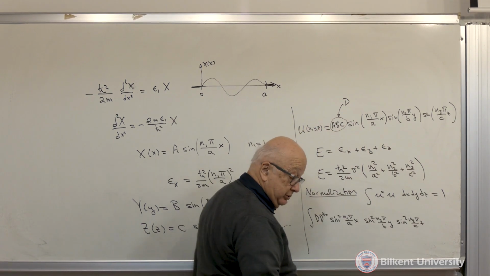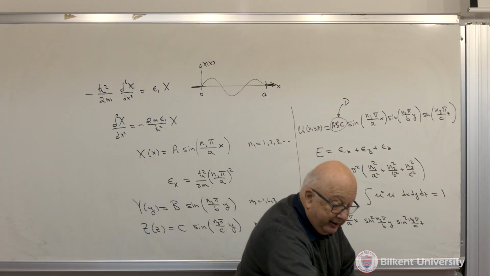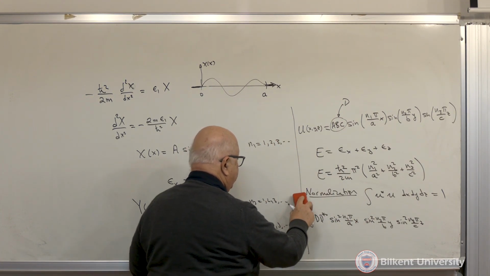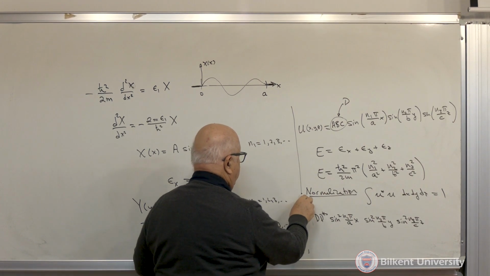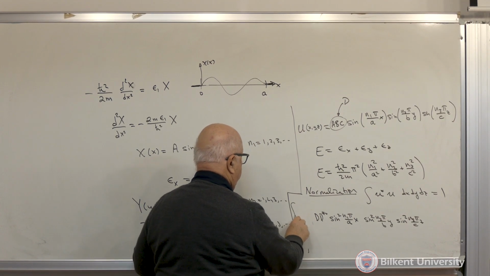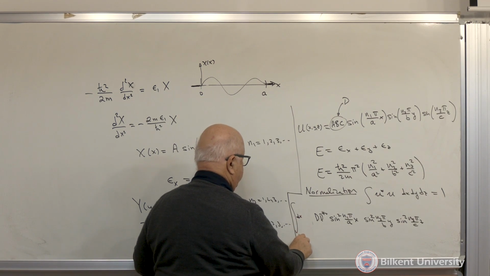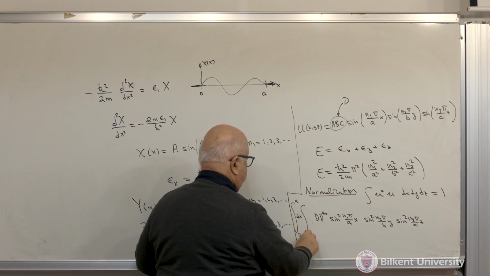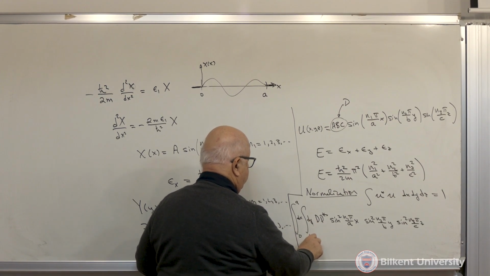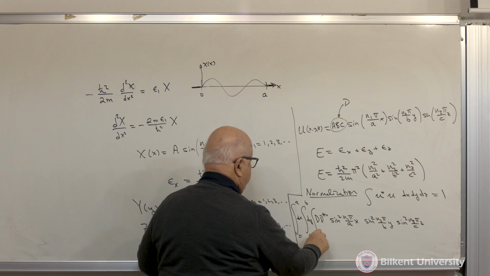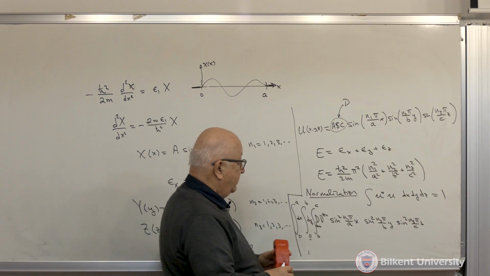So maybe I'll expand this integral to the left and put in the appropriate limits. Okay, so dx goes from 0 to a, dy goes from 0 to b, and dz goes from 0 to c.